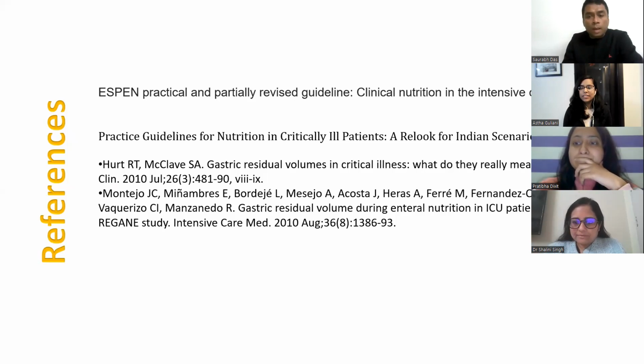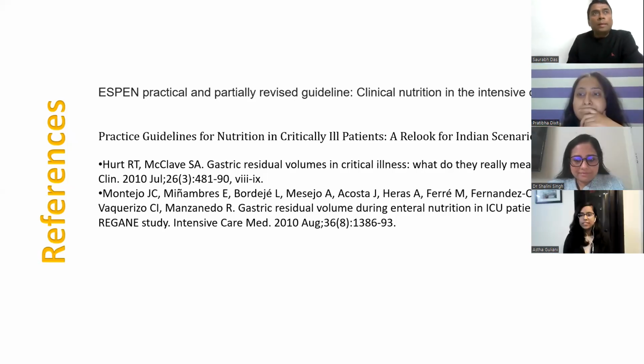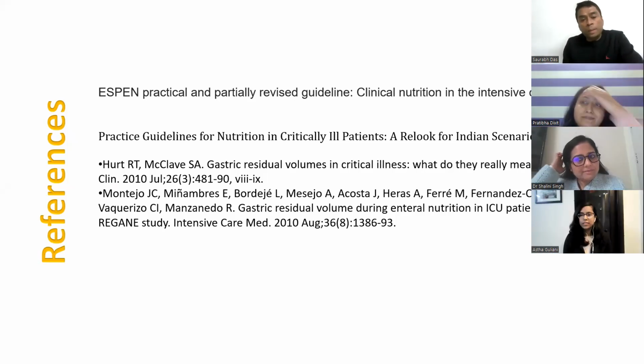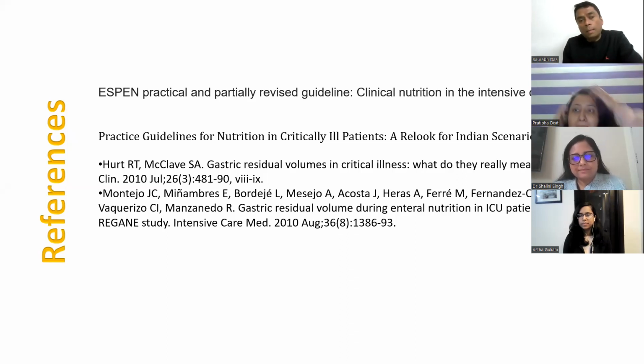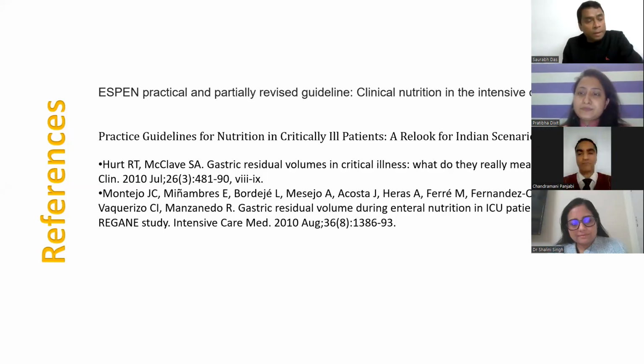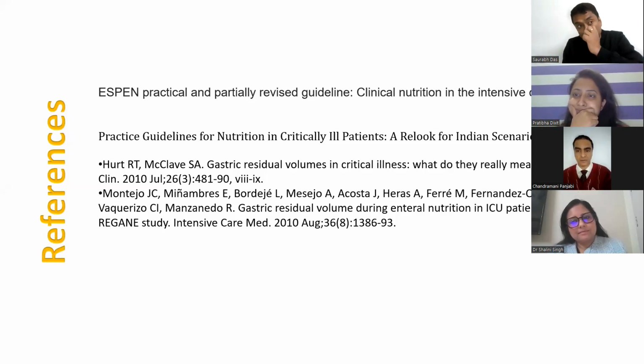Actually, there will be some calorie deficit when the patient is very critically ill. The patient may be in septic shock and all. So initially, the ESPEN guidelines don't suggest going to full dose in the initial days, because even if you give feeding, the body is not ready to accept it. So we can start as low as 500 kilocalories per day. It is called a trophic dose.